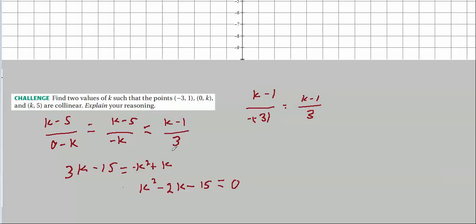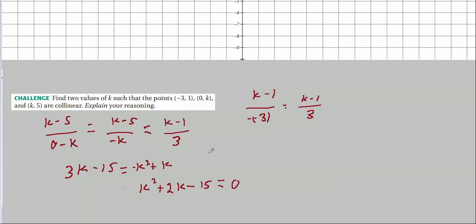So we get 3k minus 15 equals minus k squared plus k, minus 1 times a minus k. Do a little rearranging here. We add k squared over here, subtract k from each side and get plus 2k, and minus 15 just stays right where it is.